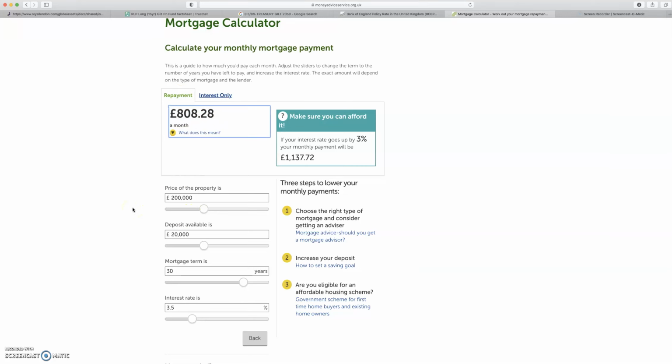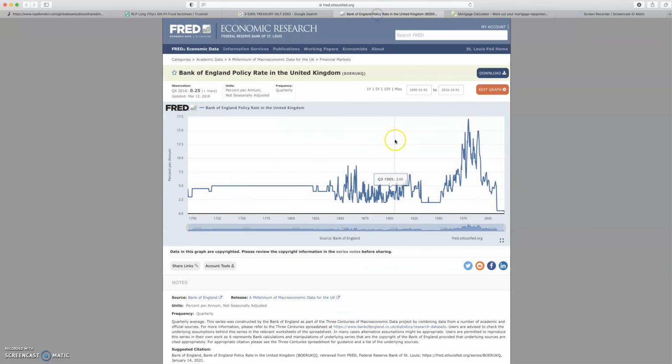Now, say we're not even going back to the historic norm of 6%. Say the minimum lending rate increases to 3% at some stage over the next, say, 5 years, right? If this goes 3% higher, bear in mind it's at 0.1 right now.